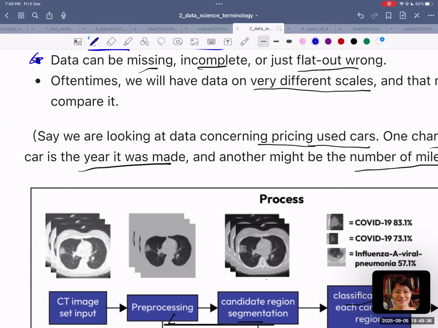Also, sometimes for measurements, there is a phenomenon we call LOD, limit of detection. What does it mean? If there is a threshold like 0.5, when the value is less than 0.5 you can hardly detect it, but when it's greater than or equal to 0.5, you can detect it.